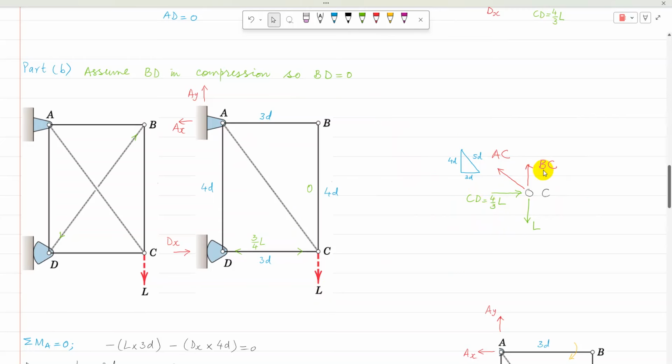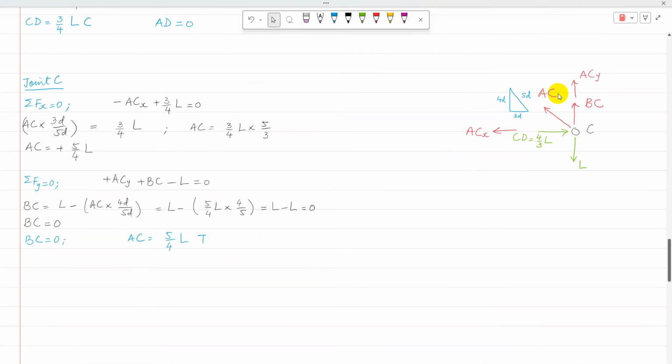AC and BC are both assumed in tension. To find the components of AC, I'm going to use the triangle ACD with horizontal side 3D, vertical side 4D, and diagonal 5D. So now AC is resolved into its components ACY and ACX. So there is one unknown in the horizontal direction and two unknowns in the vertical direction.